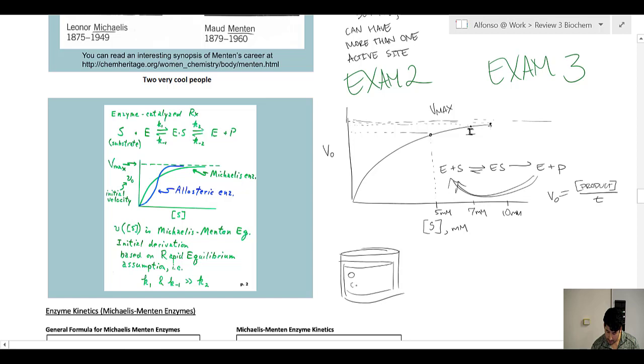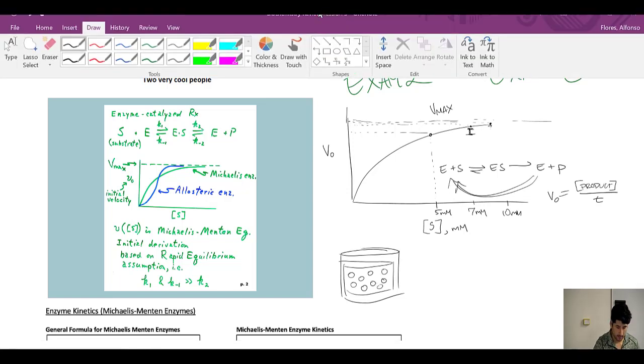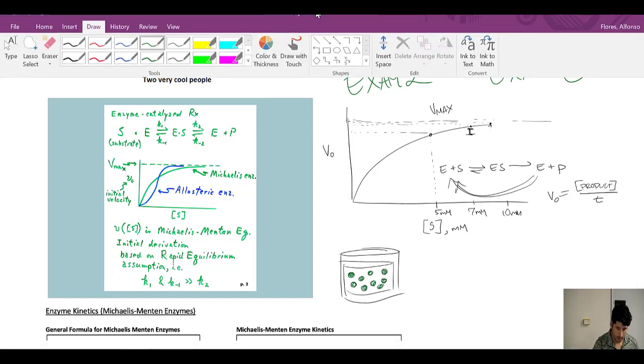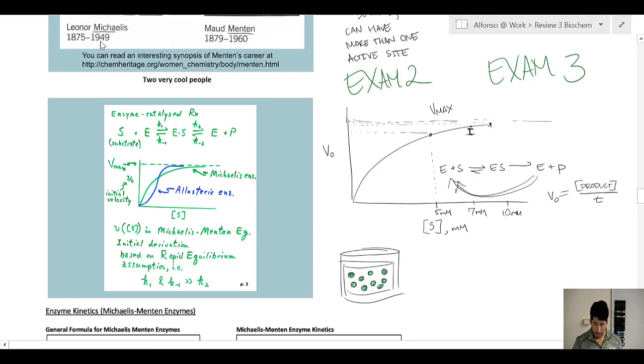So these circles are going to represent enzymes. All right, so these green circles right here represent enzymes, and what we're going to do is we're going to start adding just a little bit of substrate.